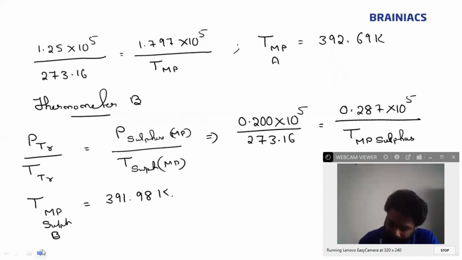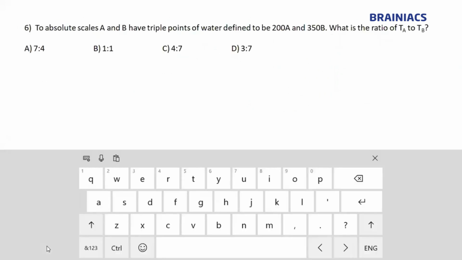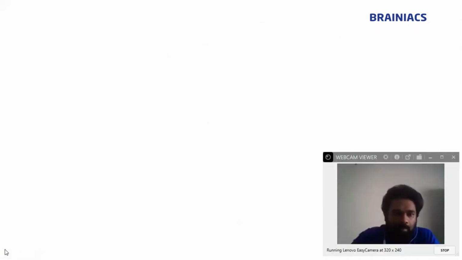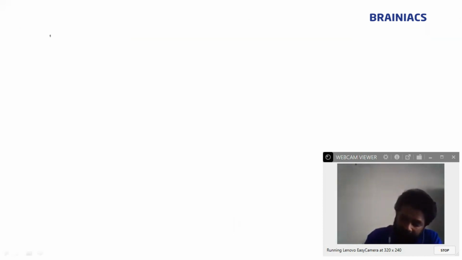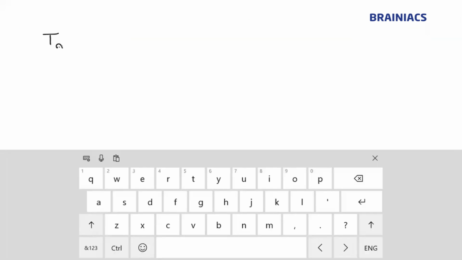Now here, thermometer A shows 392.69 Kelvin and thermometer B shows 391.98 Kelvin. Why such a difference?